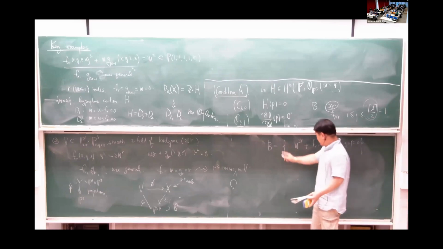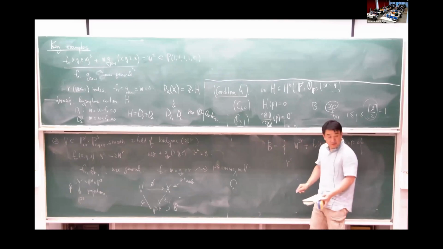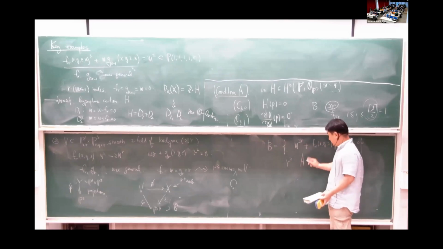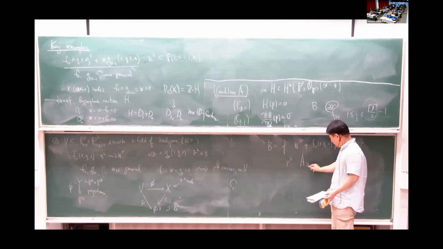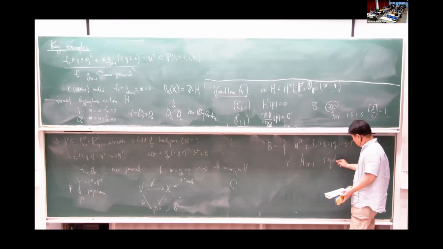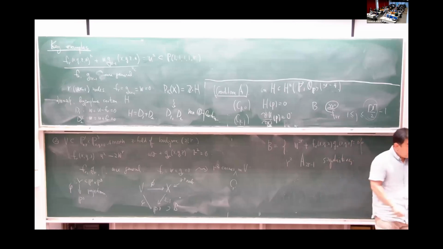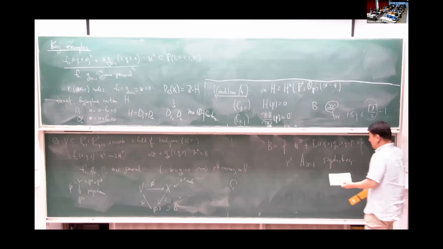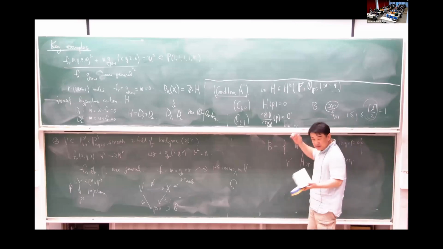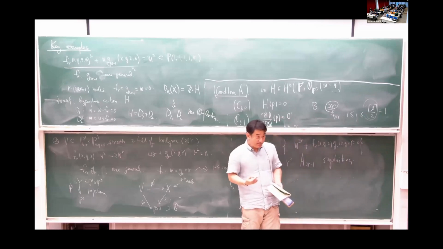So this guy has how many? r squared A_{2r-1} singularities. Correct? Correct. All right, and by the same reason, this is not Q-factorial, right?